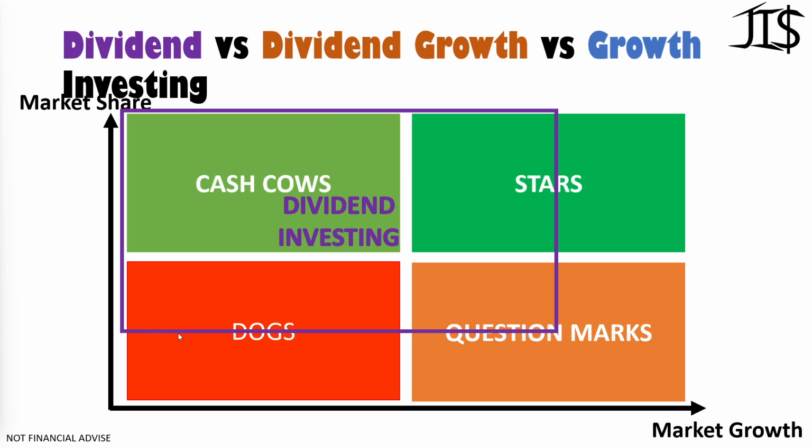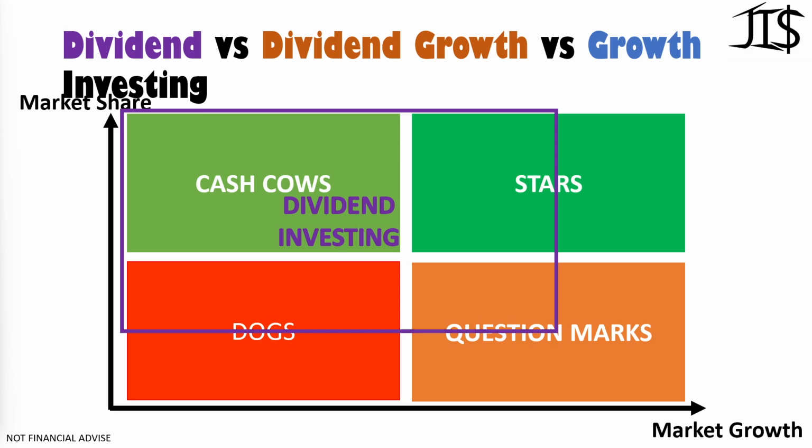I put them more or less in the half of the dogs and half of the stars, and also a quarter of the question marks. Because, yeah, you want to invest, of course, in the cash cows, like the aristocrats and the dividend kings, but it's not all that simple. So sometimes companies go down a bit, or they move again to the stars because they had a rough time, and then they move again to the higher growth after the COVID period.